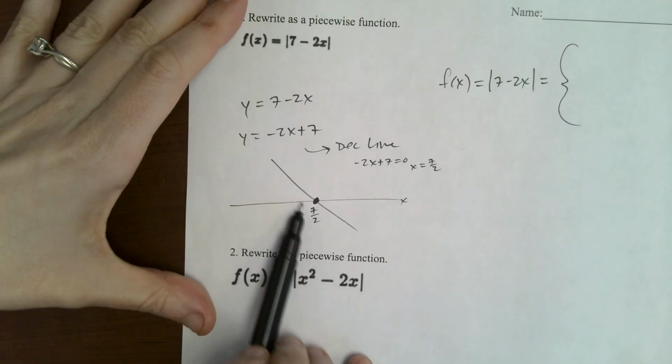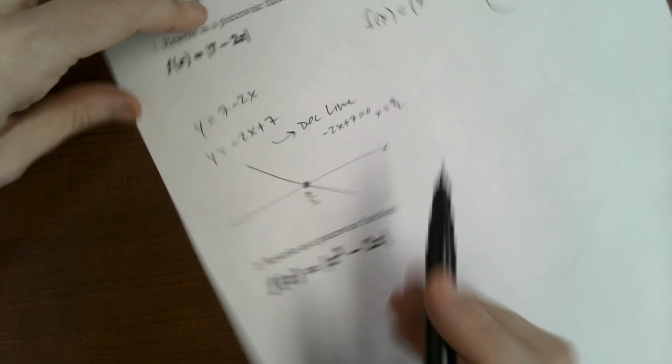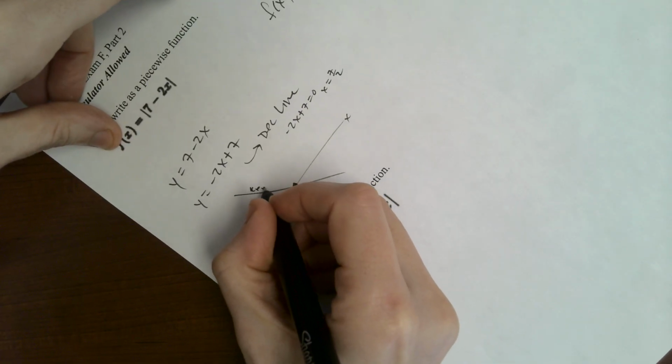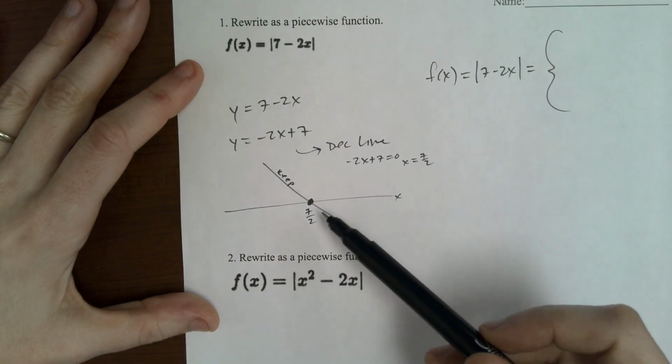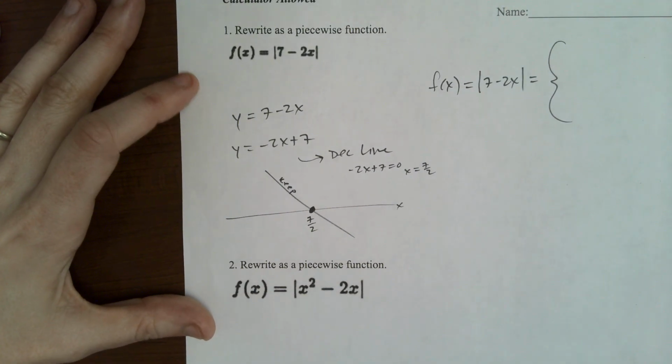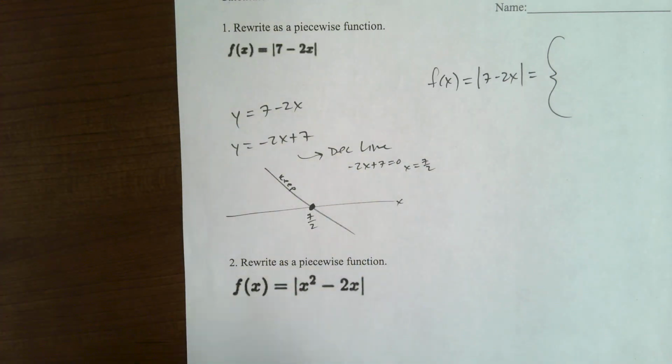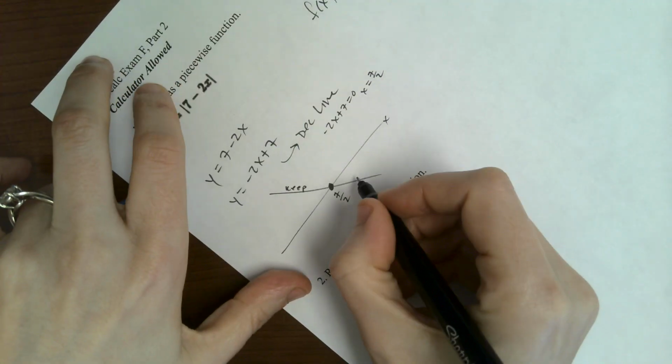Now this part to the left of 7/2, we're going to keep that part of the line. But this other part here, we're keeping that, but then we're flipping.